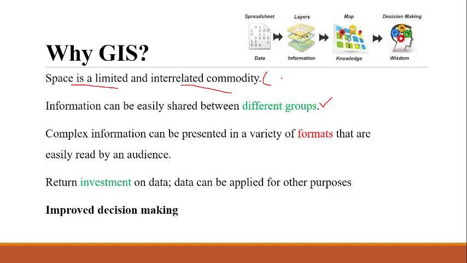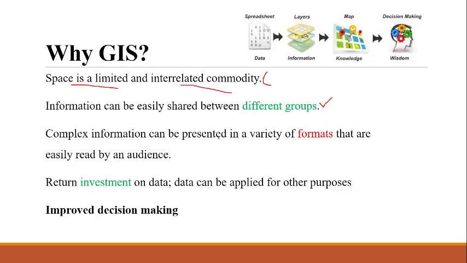The other point is that information can be easily shared with different groups. Different groups means that census data can be used for different purposes, like schooling purposes, political purposes, and any other infrastructure development purposes.